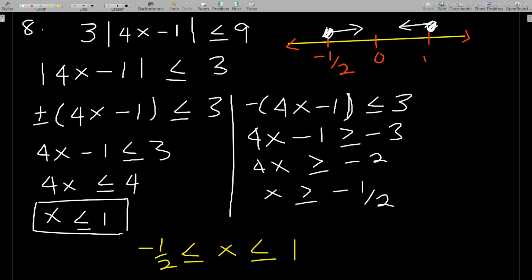That's your solution. Or since the 1 and negative half are both part of this solution, you can draw a square bracket, negative half comma 1, then a square bracket. It means it's a closed interval, meaning that the ends are both part of it. I hope you get this. So that is the solution to this question.